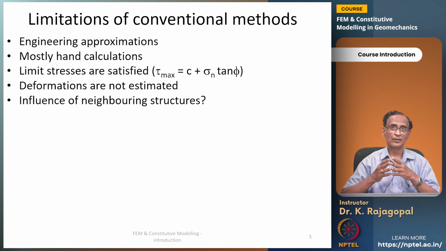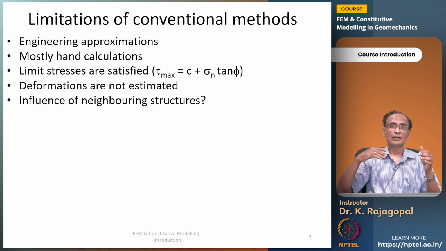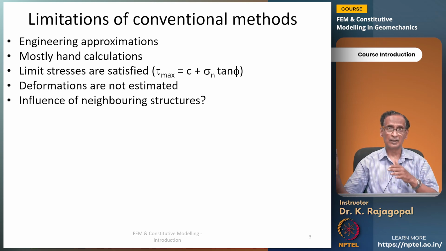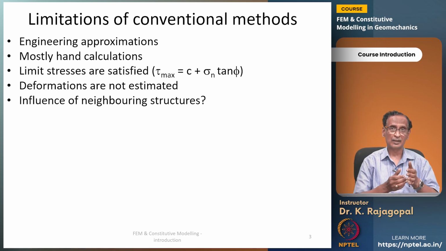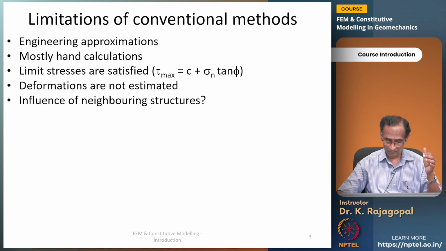Like for example, when we estimate the bearing capacity of a footing, we assume that this particular footing is far away from the rest of the footings, and our entire rupture surface is not affected by the neighboring buildings or neighboring structures, either for our bearing capacity or for settlements, and that's a major limitation, because in reality we will never have any structure that is built on its own that is not affected by our neighboring buildings.